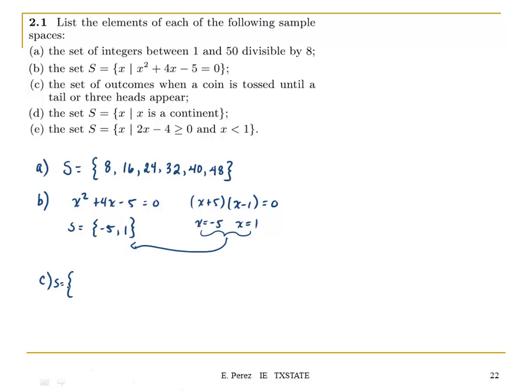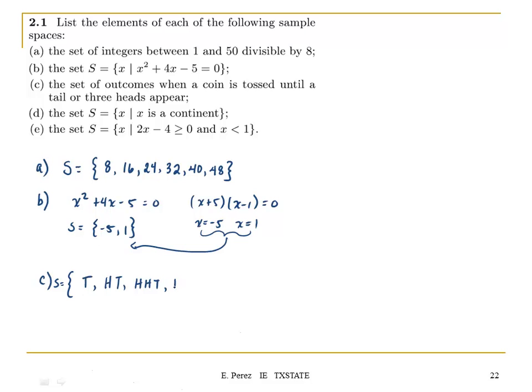So what happens if the first time you throw the coin is a tail? Then you stop because you already have one tail. So that's one outcome. But something else that can happen is that you have a head and then a tail. You stop. Then you can have head, head, tail.